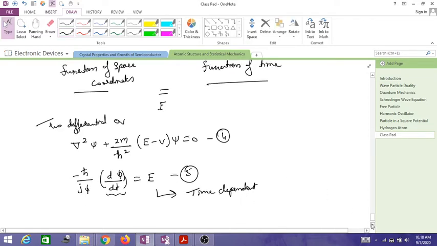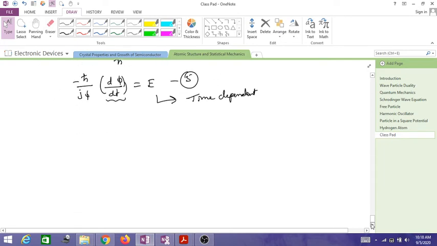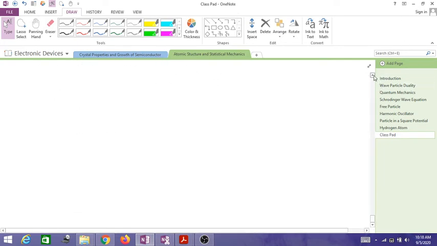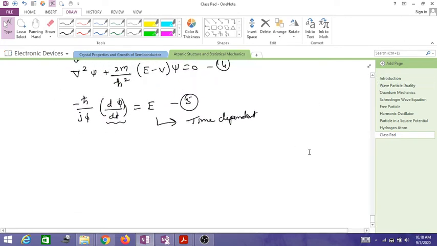Now if we integrate the second differential equation on both sides, since equation 4 is time independent, whereas the state function is time dependent in the wave equation, let us integrate both sides of equation 5.